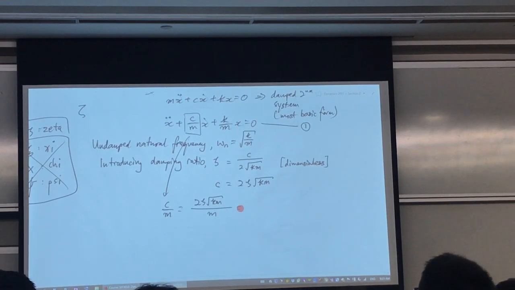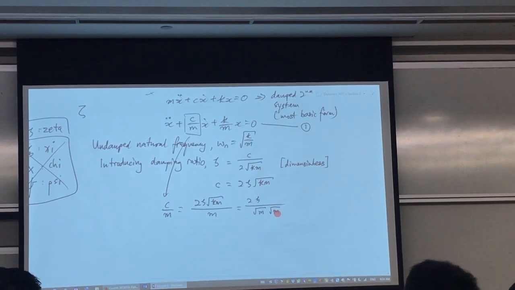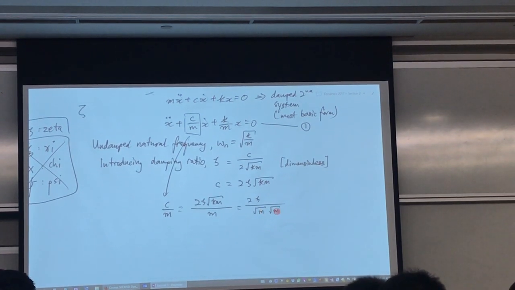The way to simplify it is that I take this M, which has a power of 1. M is the same as square root of M multiplied by square root of M. So I'm just going to break it down in that way.